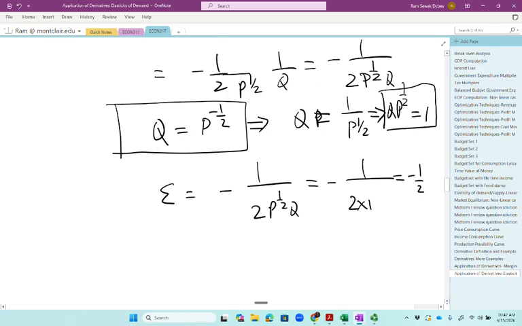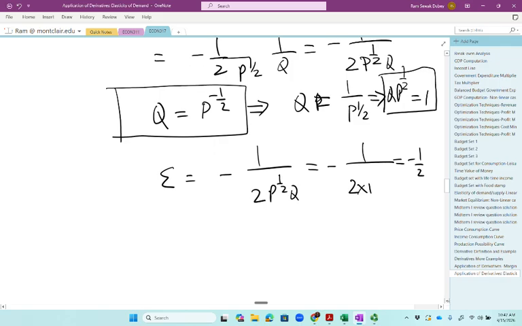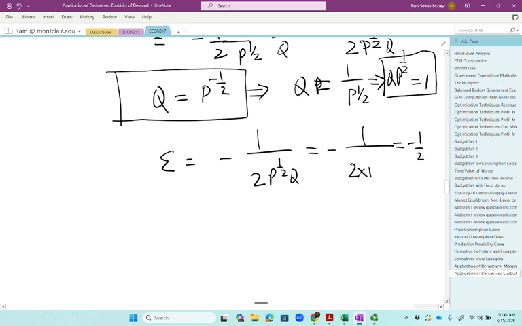So again, I did not take any specific value of price and quantity, which means the elasticity will turn out to be the same regardless of at what point I want to compute.